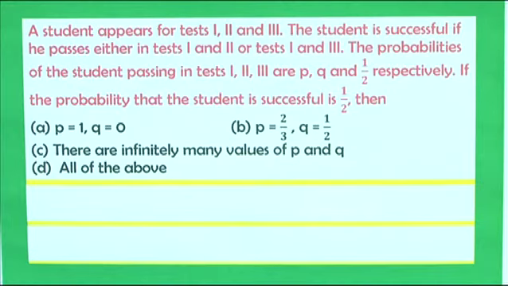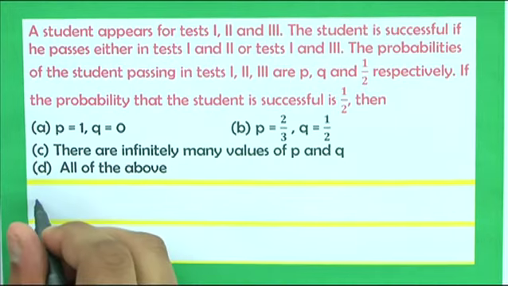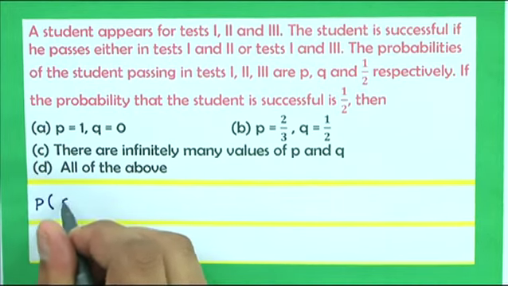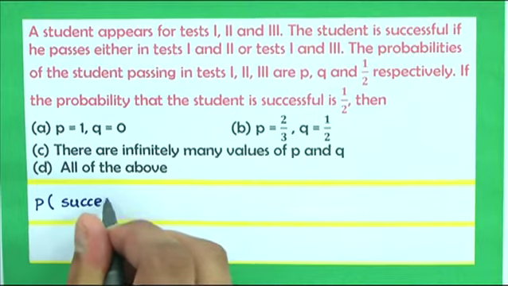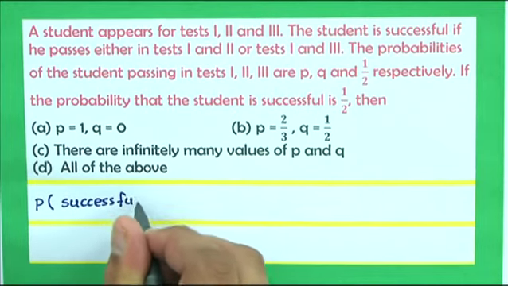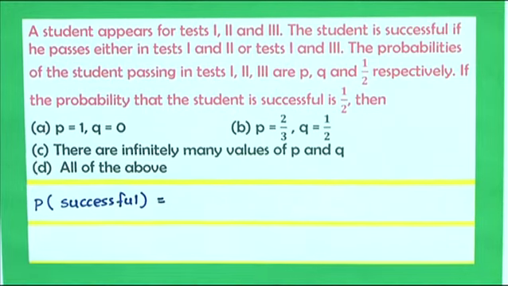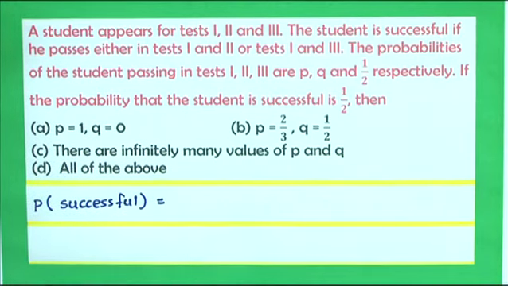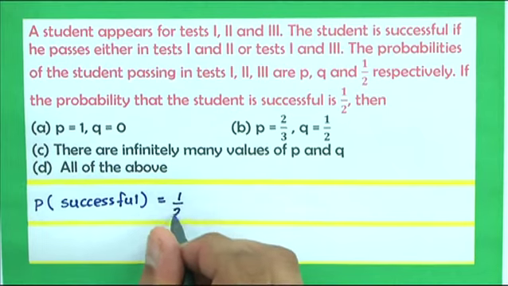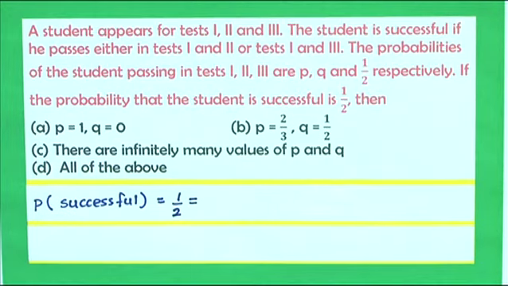Now let us understand, children. Probability that the student is successful is given to be half. Now can we consider all the cases in which he is going to be successful?